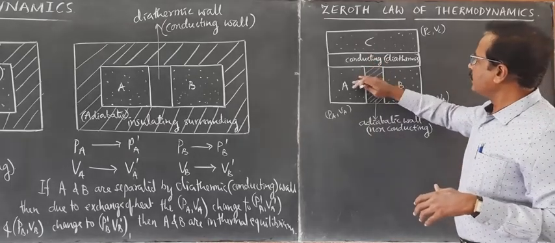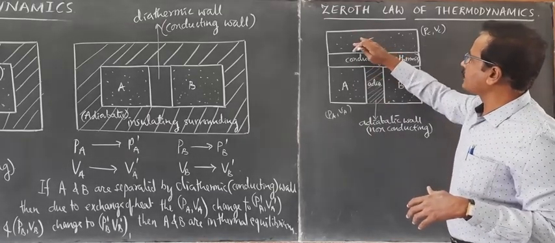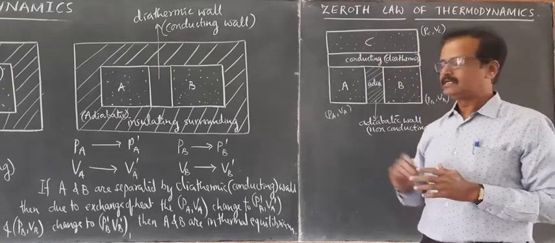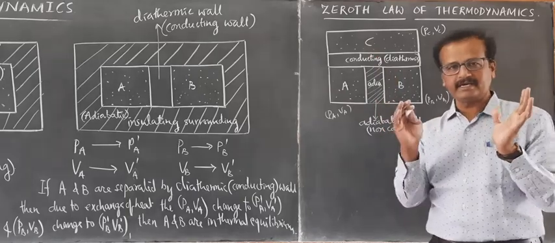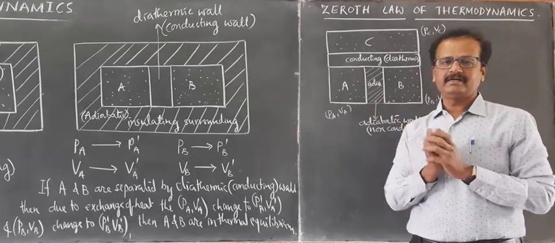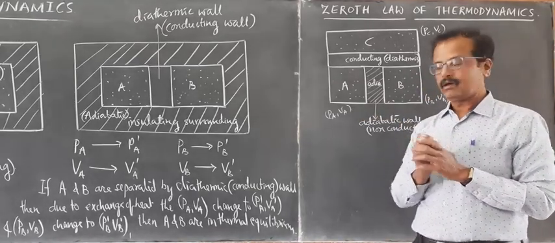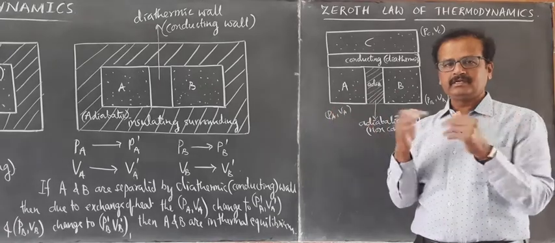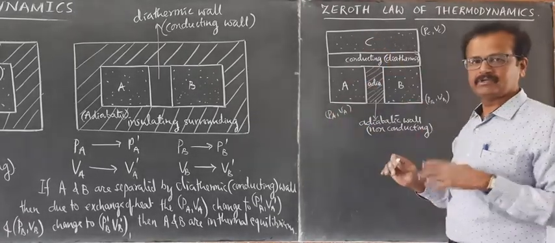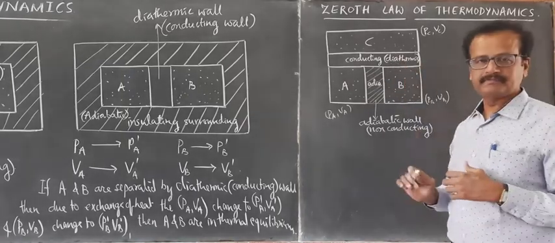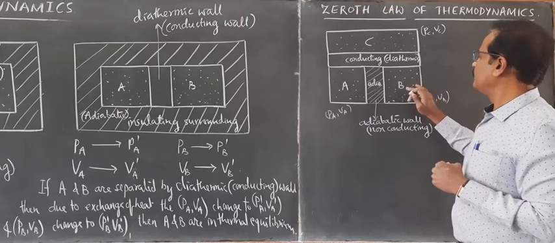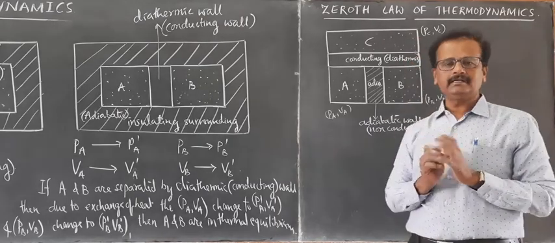And A is in contact with C, and B is in contact with C, by conducting walls. Although between A and B there is no exchange of heat, there is going to be exchange of heat between A and C because of the diathermic wall, and between B and C due to the conducting diathermic wall.